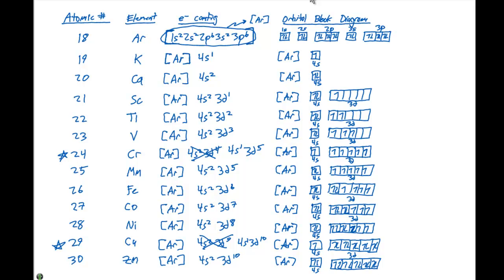When we draw these block diagrams, we can see that the number of unpaired electrons is going to vary as we go across the periodic table. And magnetic measurements were some of the reasons why we could prove how the electrons filled in for chromium and copper, and how they were anomalous, or they don't abide by the normal counting rules.